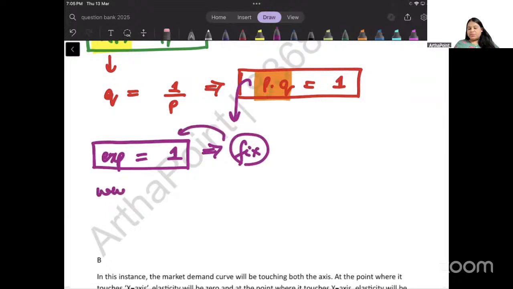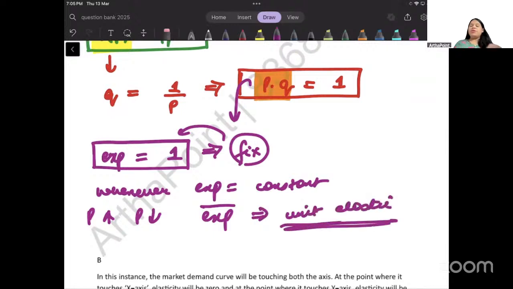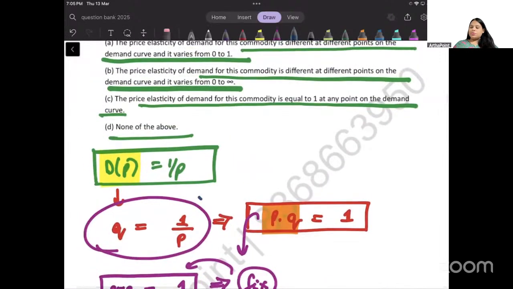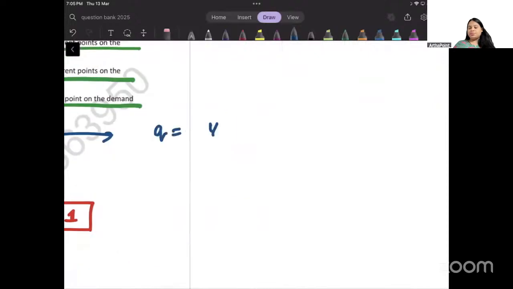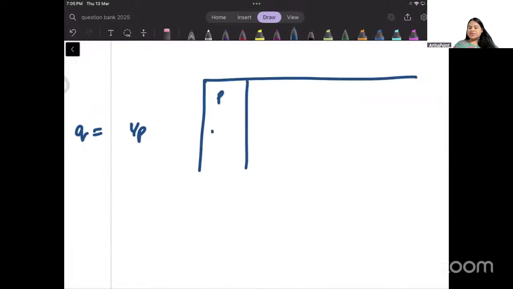सो व्हेनेवर एक्सपेंडिचर इज कांस्टेंट, व्हेनेवर प्राइस चेंजेस, प्राइस ऊपर हो या नीचे हो जाए, बट एक्सपेंडिचर कांस्टेंट रहे, देन इट इज कॉल्ड एज यूनिट इलास्टिक बेटा. इसको हम यूनिट इलास्टिक बोलते हैं. ठीक है, एक और तरीका इसको जानने का, इफ आई ट्राई टू प्लॉट दिस, अगर मैं इसको प्लॉट करूं Q इक्वल टू 1/p को, ठीक है, तो हम कुछ नंबर्स ले लेते हैं. दैट व्हेन p is 10, then Q will be 1/10.